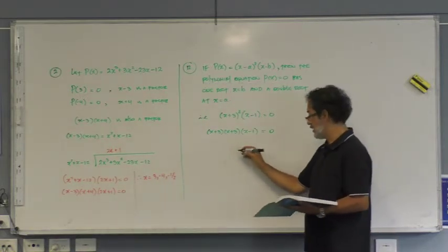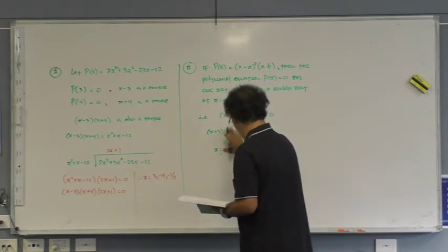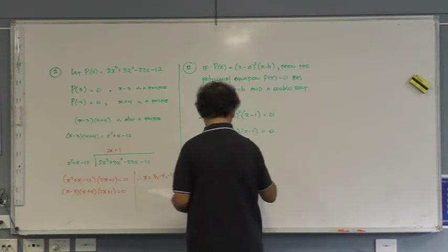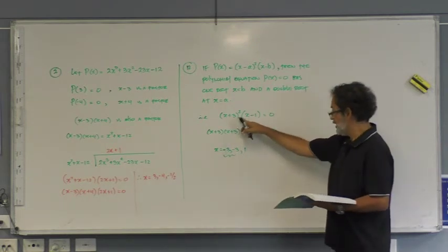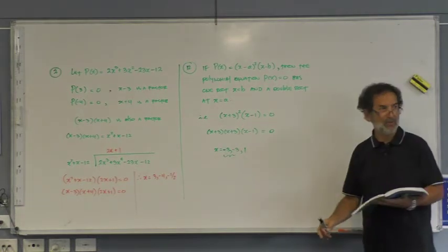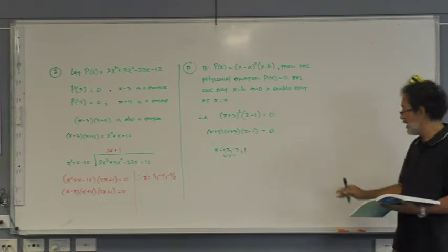You can see that we have x equal -3 twice as a solution, and then we have +1. So we have a double root at x equal -3, and a single root at x equal +1. That is what this is telling you. That's all it's saying.